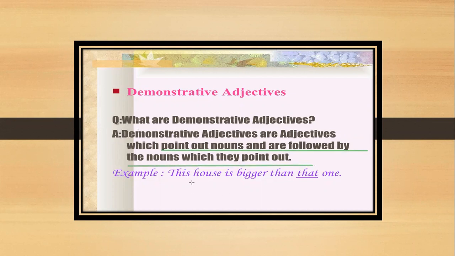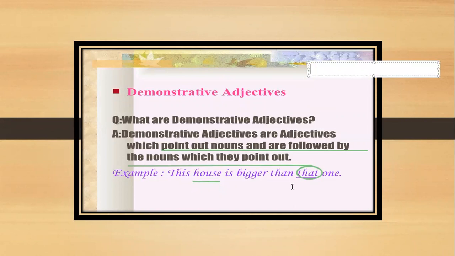So, this house is bigger than that one. House is one noun, and it is being compared with another one. So here the word that is the demonstrative adjective. More words can come, and you have to underline the word that is followed by a noun.